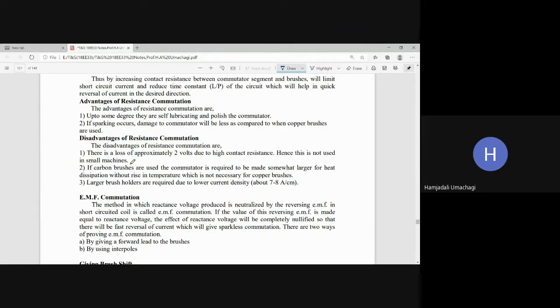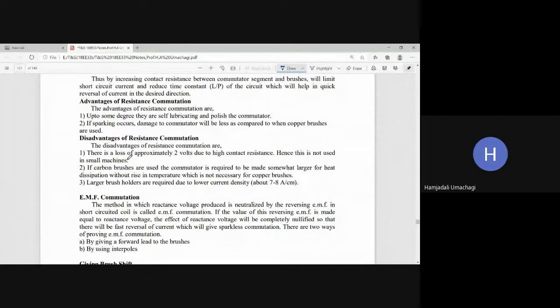Okay, then second one. Sir, as you told, the current follows the path of low resistance. Then how come a 2 volt loss occurs due to high contact resistance? Drop means voltage is equal to I into R, not power.